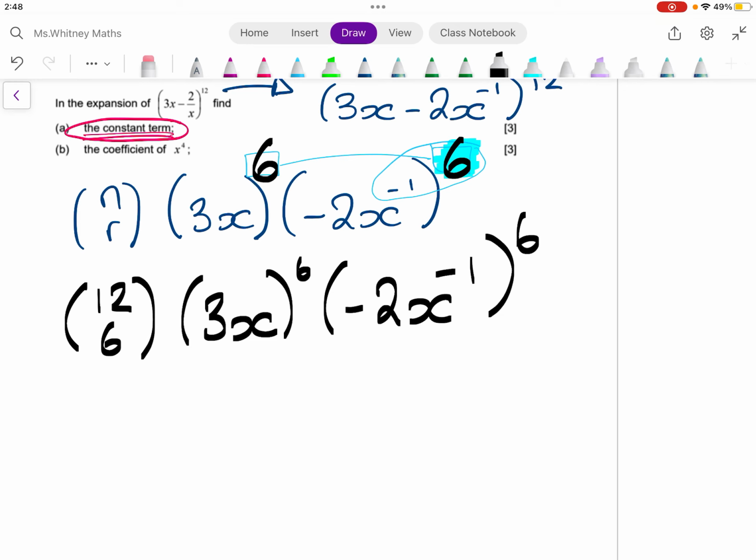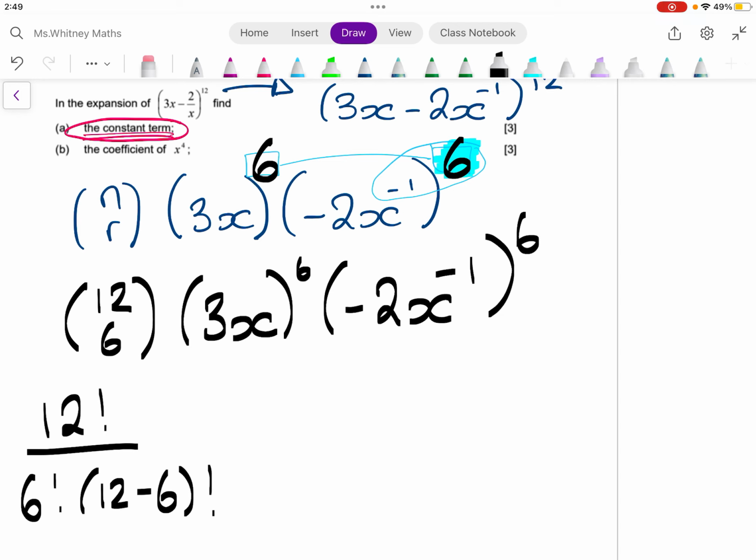Okay, now here we've got 12 choose 6. So you can grab a calculator if you wish for that. So we're going to have 12 factorial divided by 6 factorial, 12 minus 6 factorial.